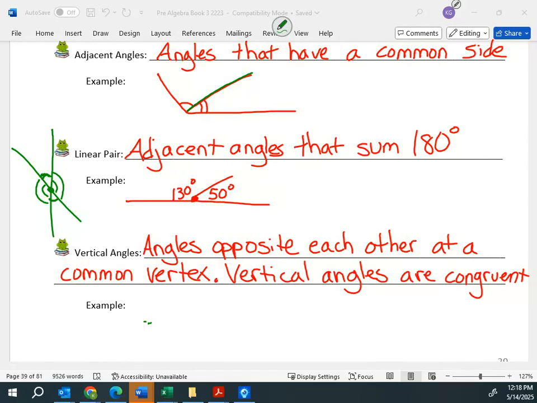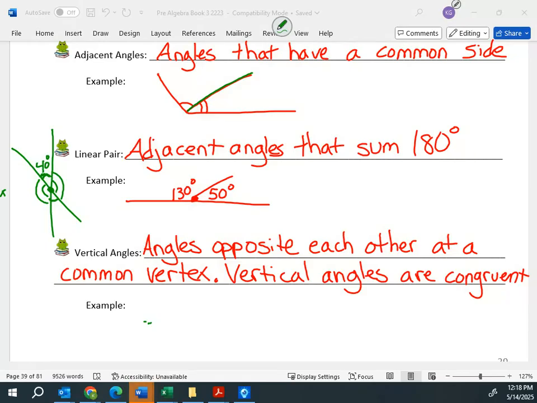If we were to put in measurements here, if I put 40 degrees here, what would this measurement have to be? Harper? 40 degrees. Nope. This measurement right here. What does this angle have to be? Christina? Not 60.